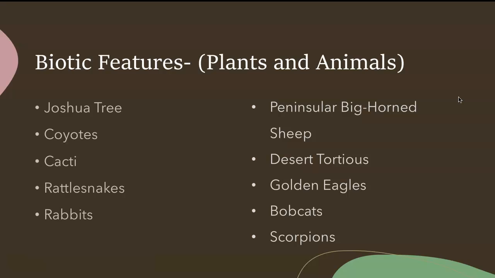You can also find the endangered desert tortoise, the peninsular bighorn sheep, cougars, snakes, scorpions, birds, and even some fish can be found in all parts of the ecosystem. These varied forms of life all have their place in the food chain and the food web. And each of these has its respective place in this environment.